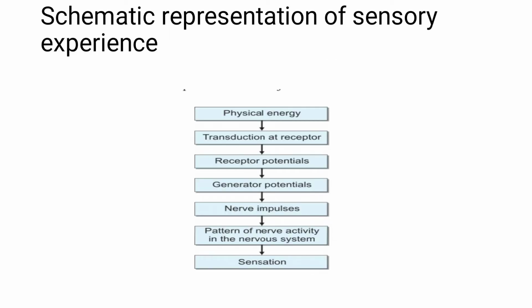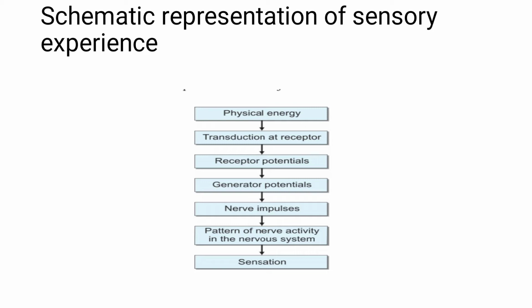So the schematic representation of sensory experience: the physical energy, by means of transduction, produces receptor potentials. Sometimes the receptor potential itself directly stimulates the nerve impulse. But sometimes these receptor potentials form generator potentials, which I have explained earlier, leading to nerve impulses.